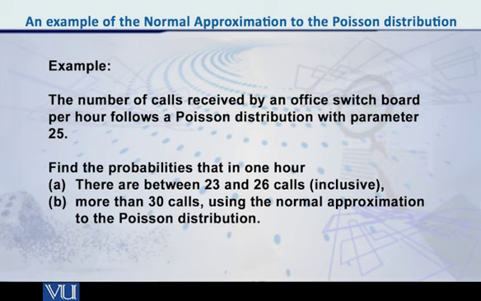We would like to find the probability that in 1 hour there are between 23 and 26 calls, including the numbers 23 and 26. Also, we would like to find the probability that in 1 hour there are more than 30 calls. Students, let us try to find these probabilities by applying the normal approximation to the Poisson distribution.